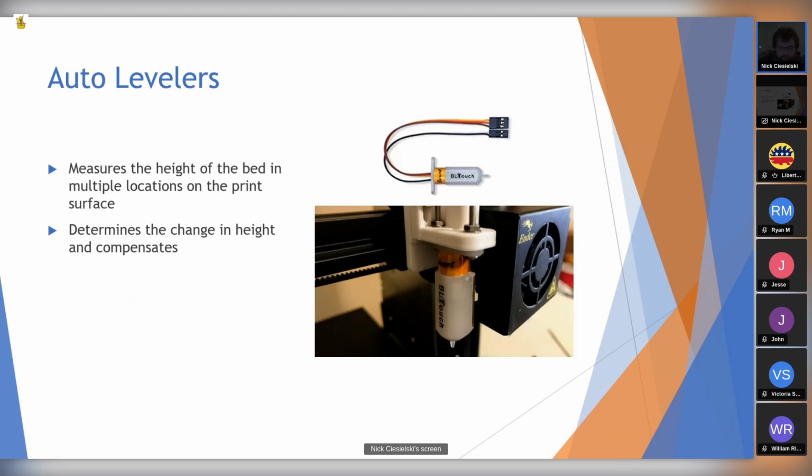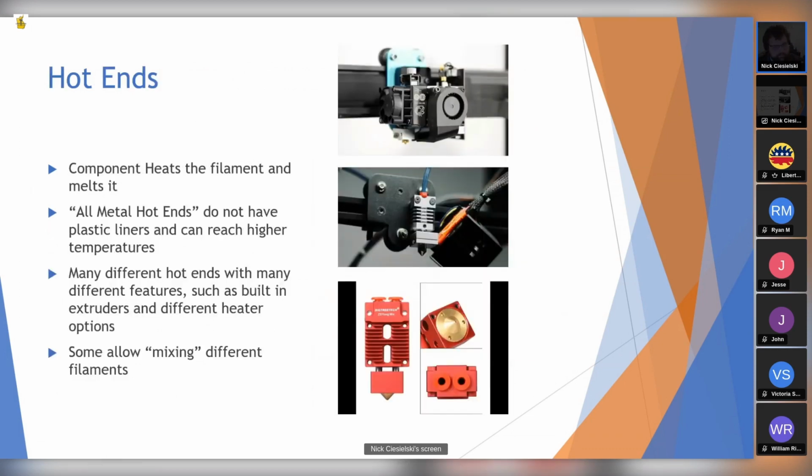If it's sloped one way, or it's high in the middle and gets lower on the sides, it'll pick up on that and allow the software to determine how to optimally print without you having to fight through the piece of paper and adjusting those wheels constantly. So that's another very common thing that you see people installing and upgrading.